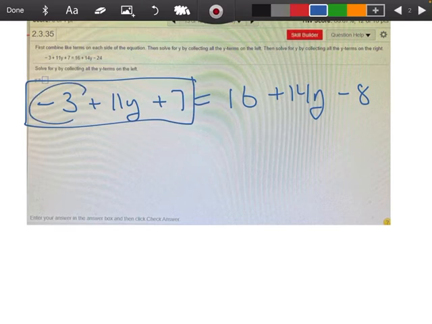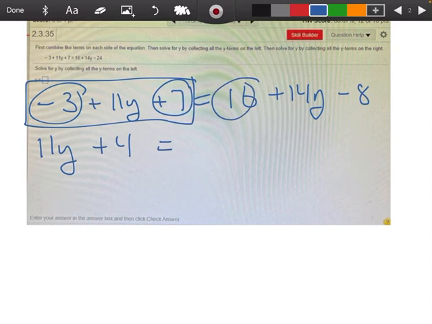I'm going to combine those together. So I'll leave my 11y alone. We said a minus 3 and a plus 7 was a plus 4. Okay. And then we combined, let's see, 16 and why did I put a minus 8? It wasn't a minus 8, it was a minus 24. Okay. We're going to combine because that's what I had right there. I just wrote down the wrong number.